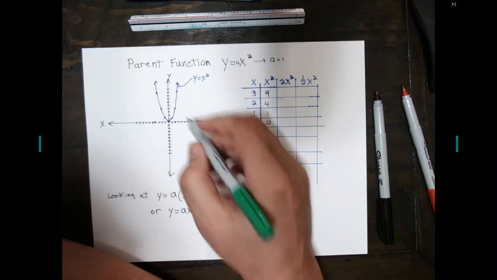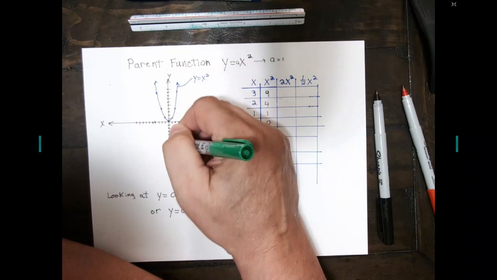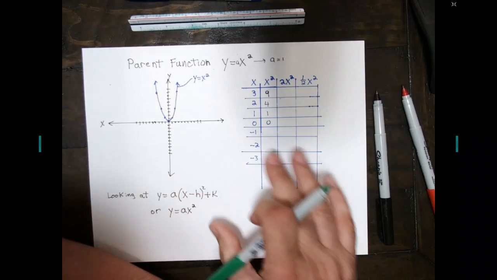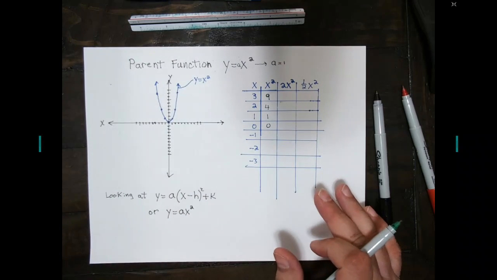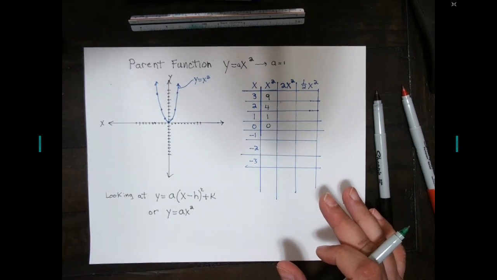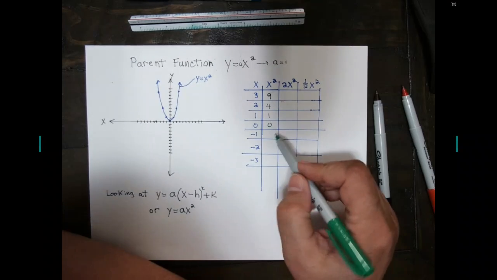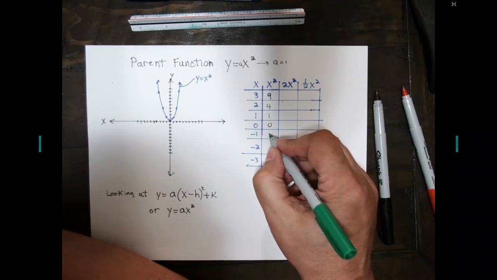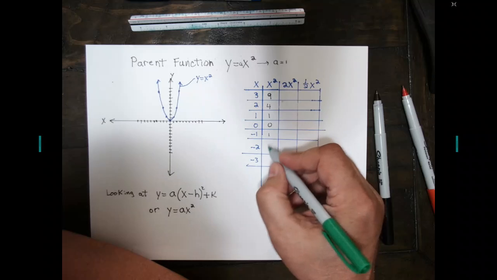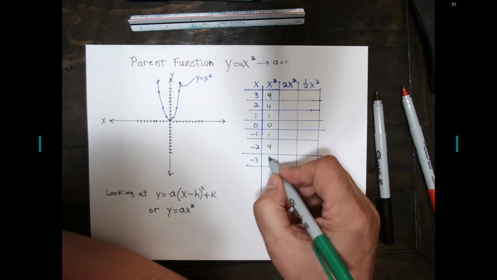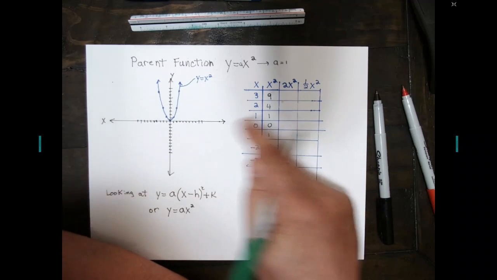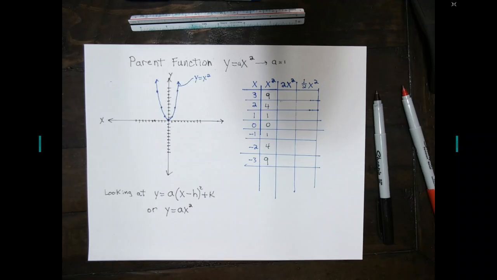Going the other direction, since it's symmetrical about the y-axis, the negative values would also be 1, negative 2 squared is 4, and negative 3 squared is 9. And you can see that I've plotted this function.